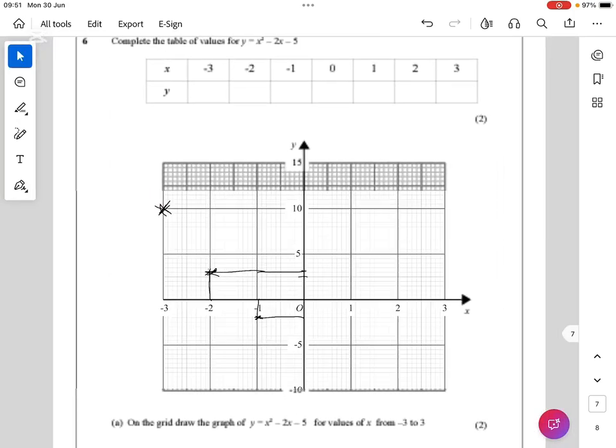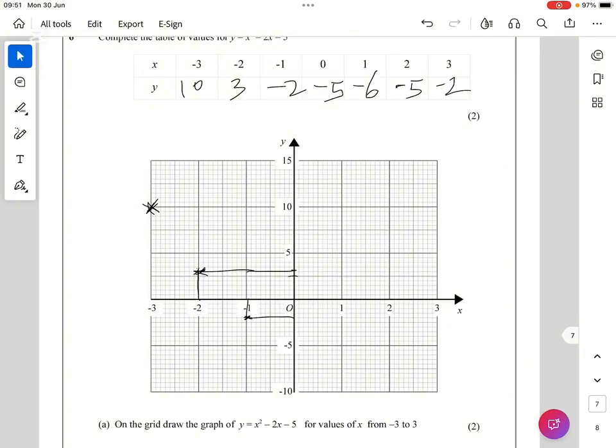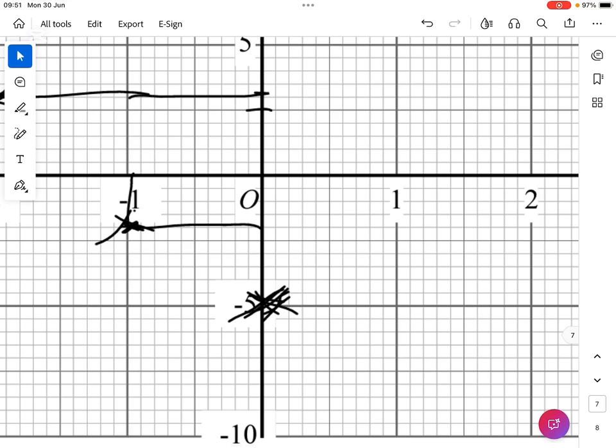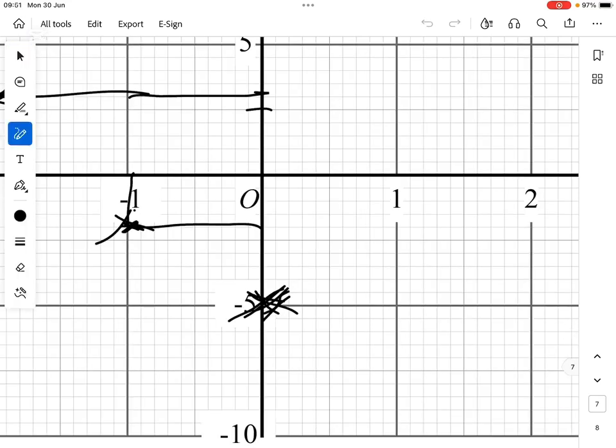Alright, so let's go to the next. When x is 0, y is negative 5. So 0, negative 5. We know the point is right here. Alright. Then when x is 1, y is negative 6. Know that every 2 lines is 1. So y is minus 6 right here.